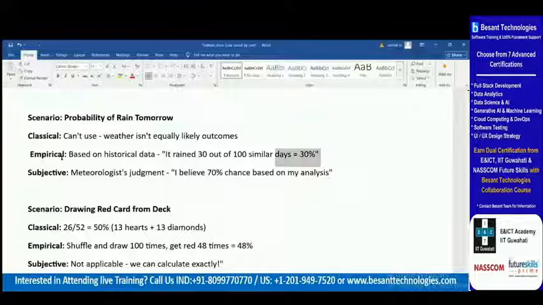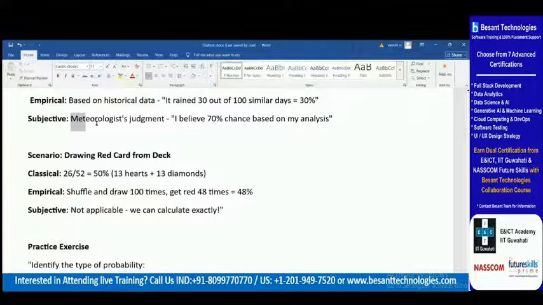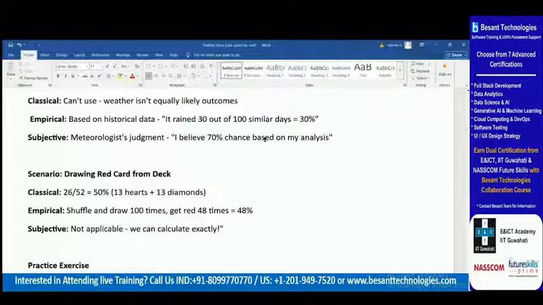By using empirical, you can come to a conclusion whether there is going to be rain or not. In subjective, there is a meteorological judgment. So I believe 70% chance based on my analysis. Okay. If you give some kind of judgment like this, comparing with past data as usual, that is your subjective.